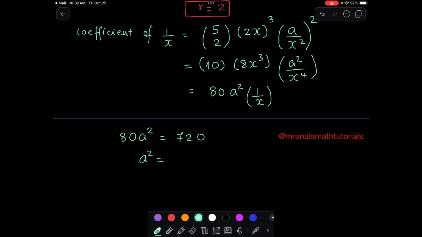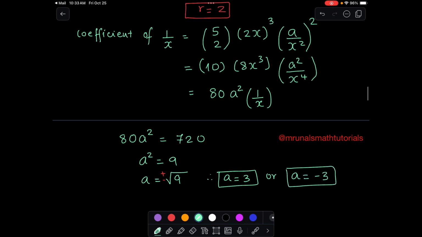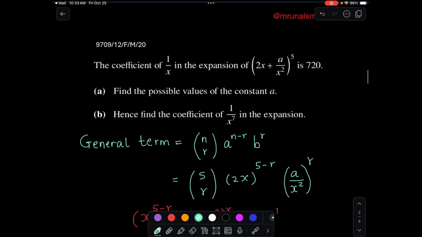So a squared is going to be equal to 9, and square root of 9 is going to be plus and minus. Keep that in mind. So plus and minus square root of 9 gives me a is either 3 or a is equal to negative 3. So we are done with part A.